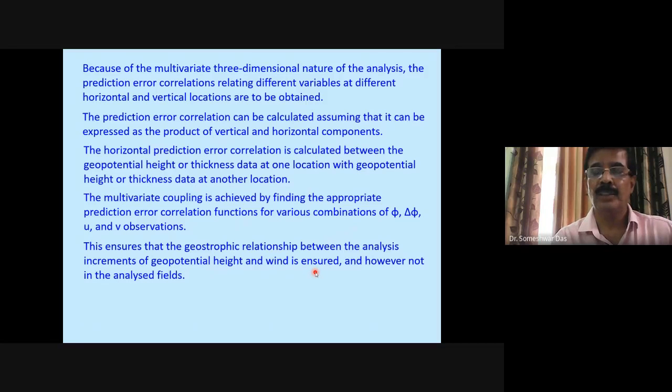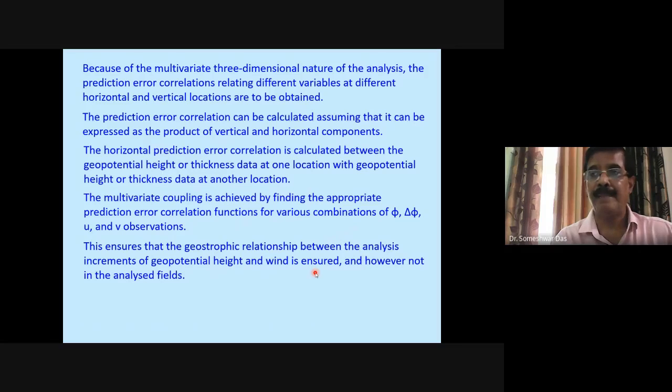Okay. So by doing all these analyses through statistical calculations and expressions, eventually we have to ensure the physical relationship. For example, the geostrophic relationship has to be valid.